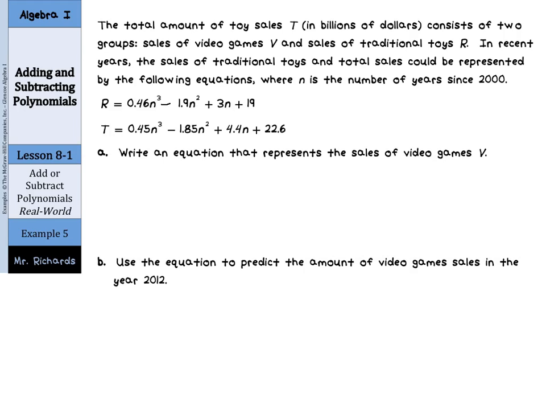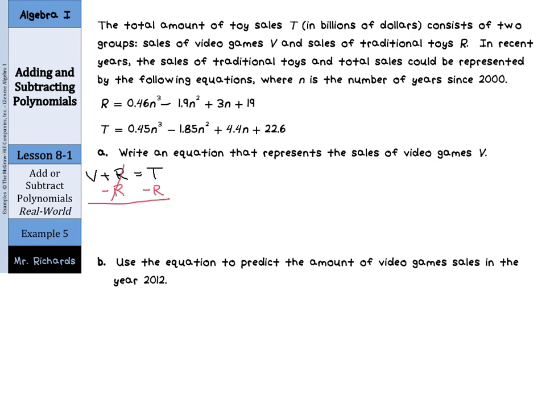Well, we know that video games V plus traditional toys R are going to equal the total toy sales. Well, if we're looking now to solve for V, we're going to subtract the R from both sides.